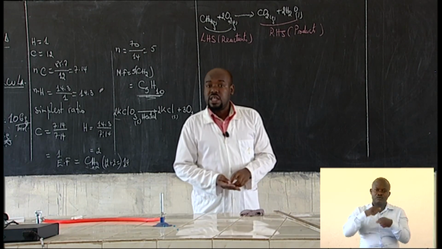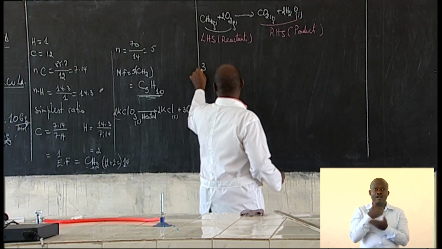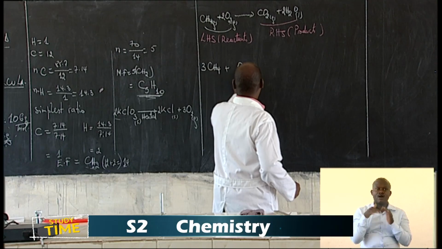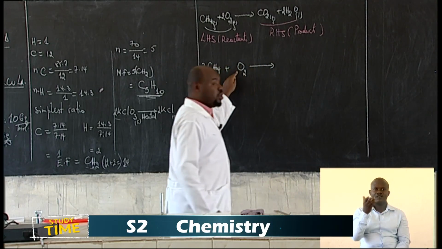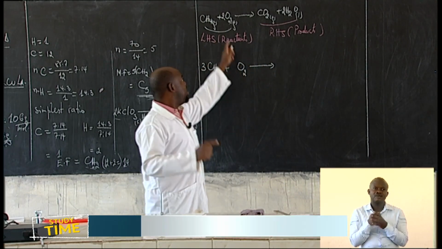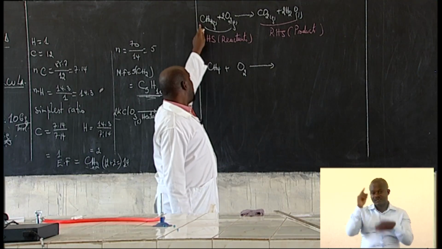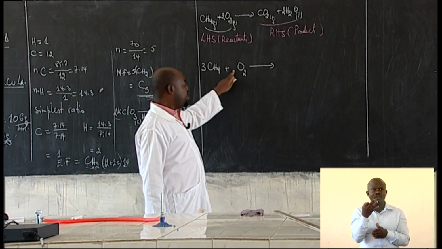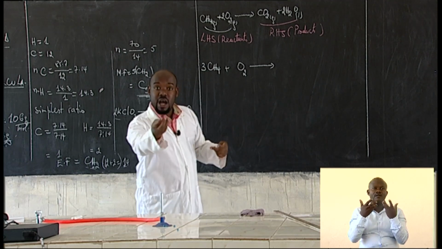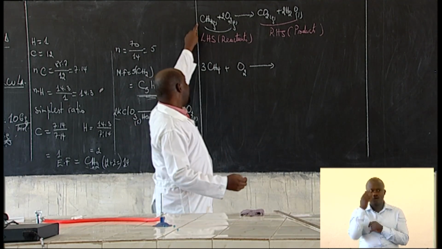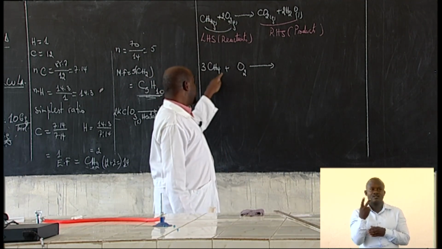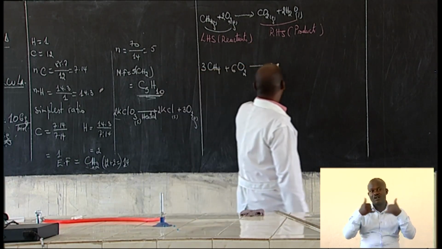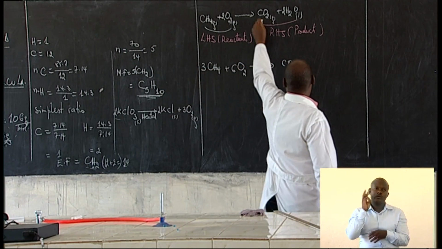Now, let us say that I have 3 moles of CH4. How many moles of oxygen am I going to need using the balanced equation here? For 1 mole, we need 2. For 3 moles, we need the double, because for 1, it's the double. So for 3, it will be 6. Now, how many moles will be produced for carbon dioxide?